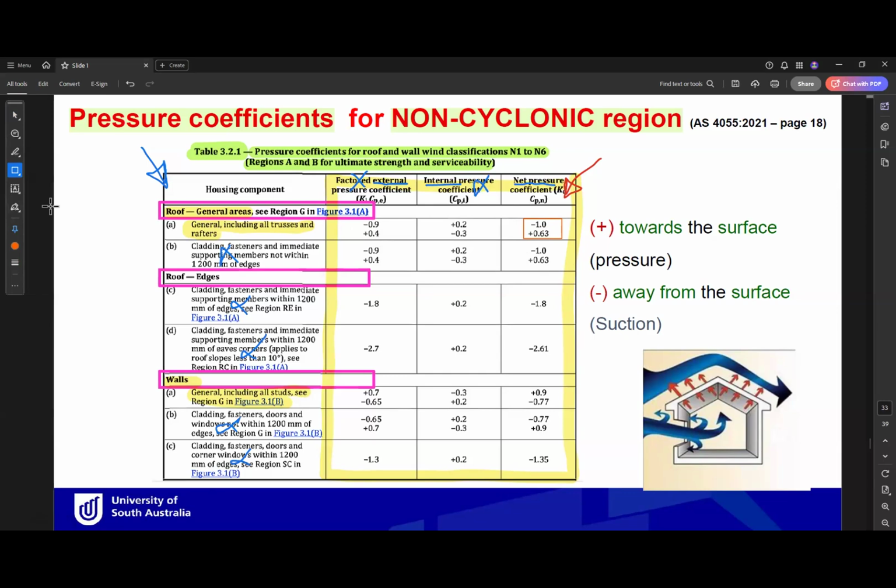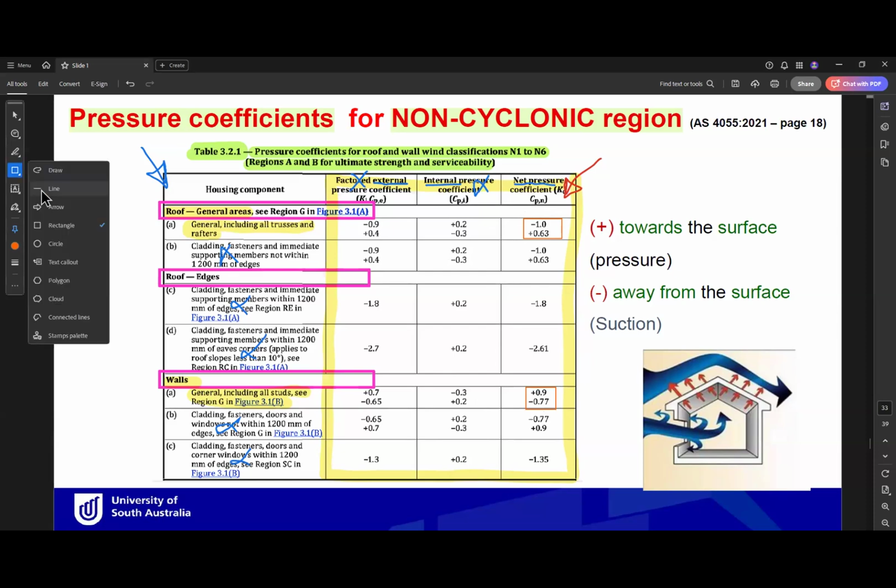If you are designing the wall, similarly, you will have two factors for net pressure coefficient: positive 0.9 and negative 0.77. So we'll be using four factors: two for roofs, negative 0.1 and positive 0.63, and for walls, positive 0.9 and negative 0.77. What does the positive sign mean and what does the negative sign mean?